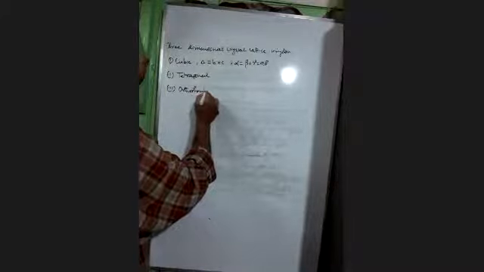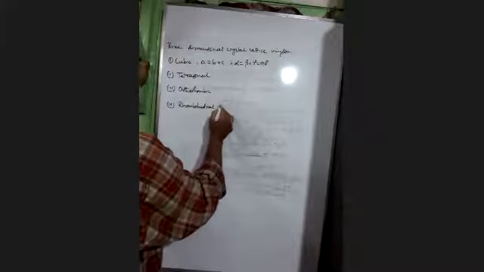Then we can have orthorhombic. Then 4, rhombohedral or trigonal.